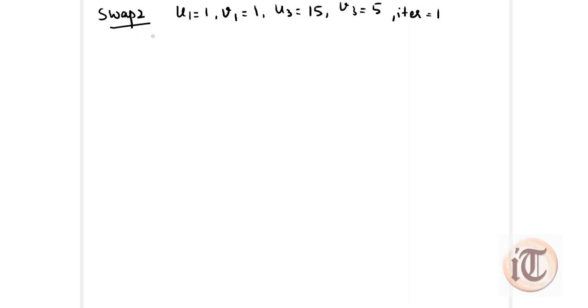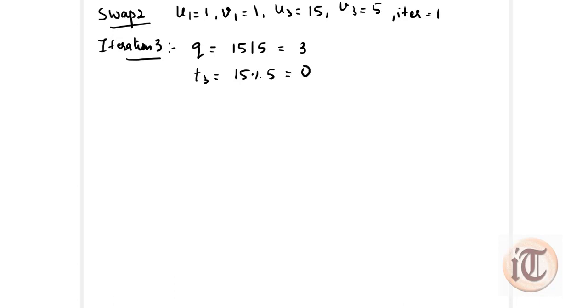Yes, so we move to step 3, divide and subtract. This becomes your third iteration. The value of q is u3 divided by v3, that is 15 divided by 5, so the quotient will be 3. Then the remainder T3 is 15 mod 5, which is 0. And the value of t1 equals 1 plus 3 into 1, that is 4.